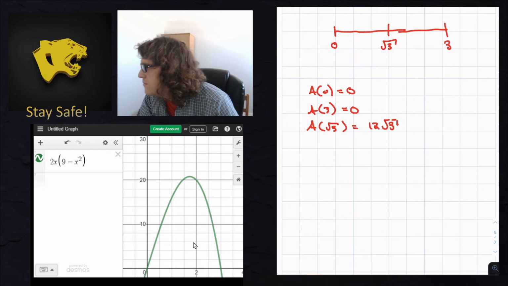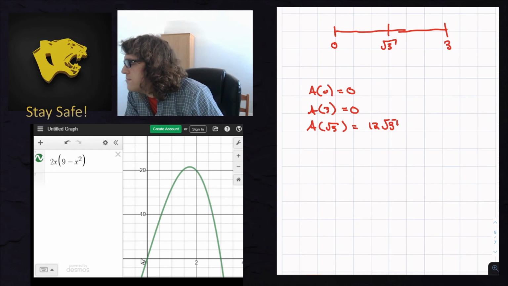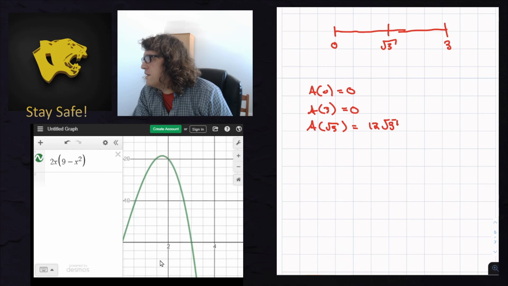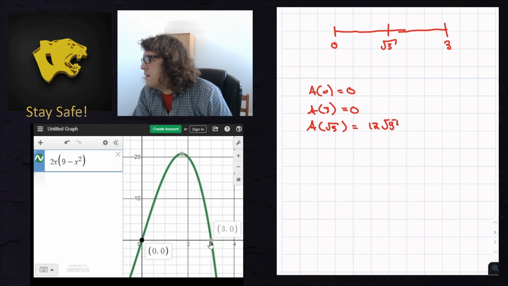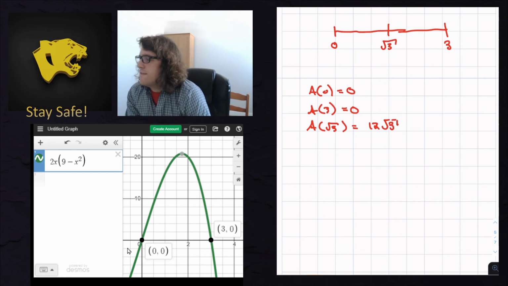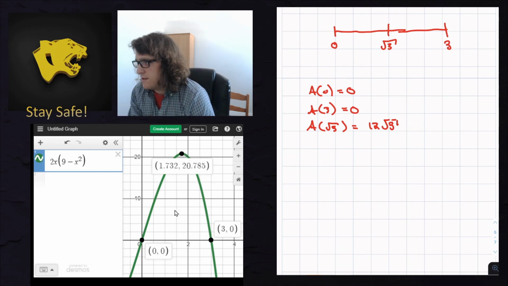All right, so this is our function that we're looking at. It's part of a cubic, so you can see the rest of it there, but we only care about the part between here and here. So that looks like those were definitely no areas, those are mins. This looks like it is our maximum there, and it occurs at root 3.